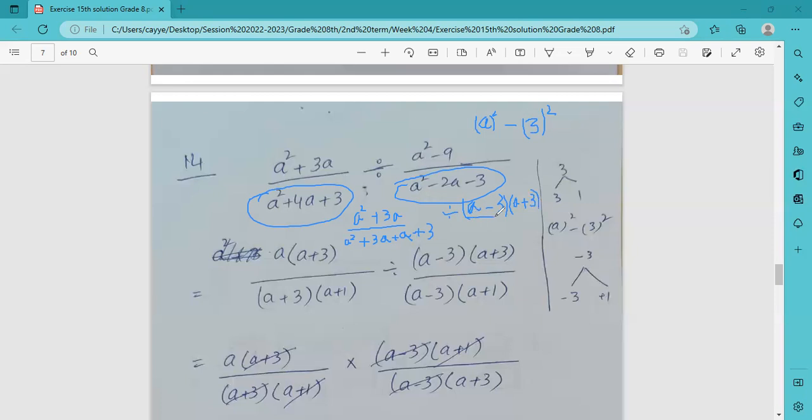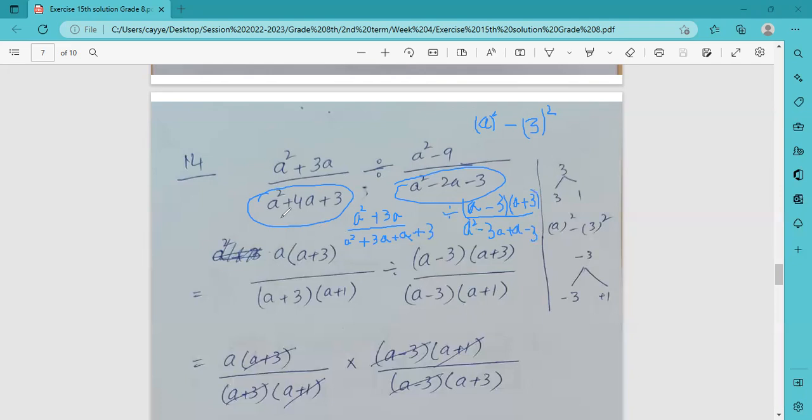Right? Now, down, we have to use a square. Look, there is minus 3, minus 3 plus 1. So, my a square minus 3a plus a minus 3, right?